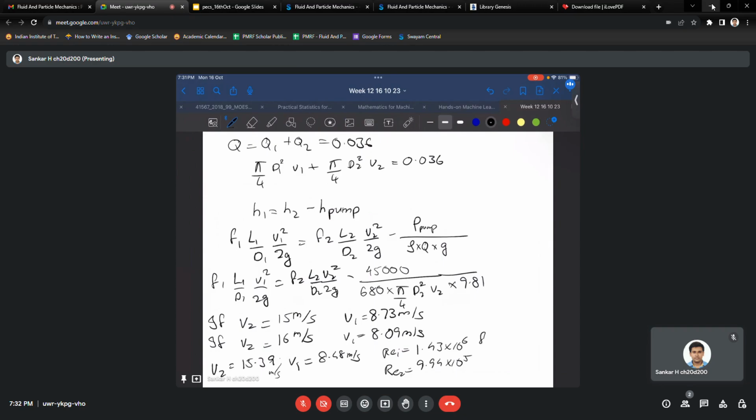And the friction factors will be equal to 0.028 and F2 would be equal to 0.0263. Finally, the flow rates will be equal to 0.0193 and Q1 would be equal to 0.0167 meter cube per second.